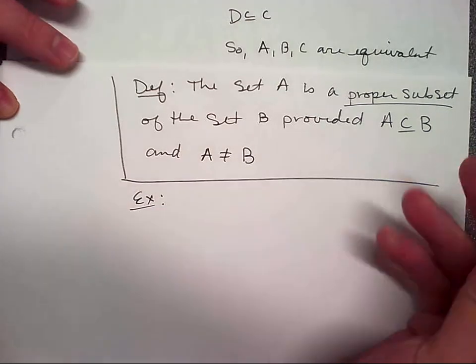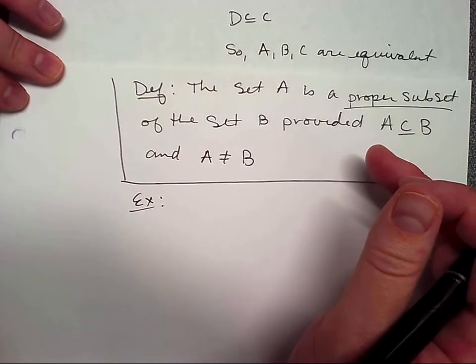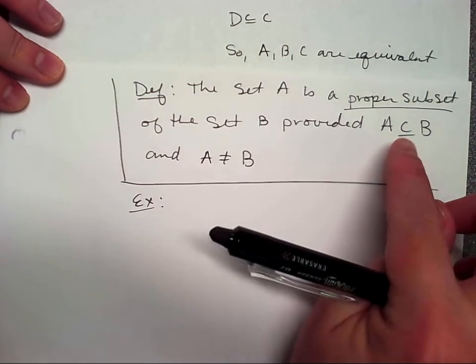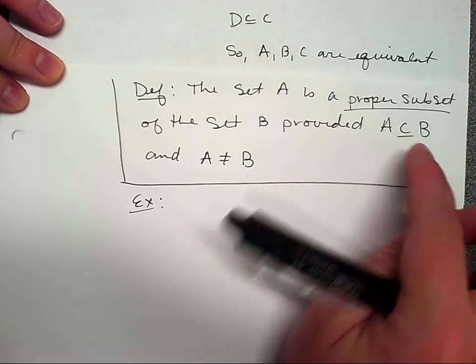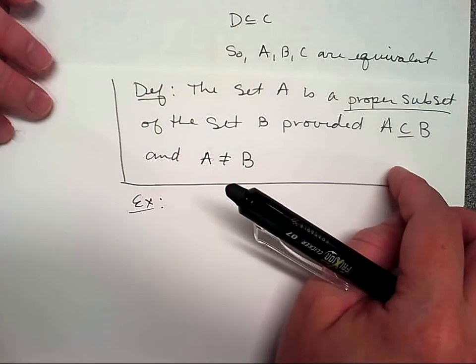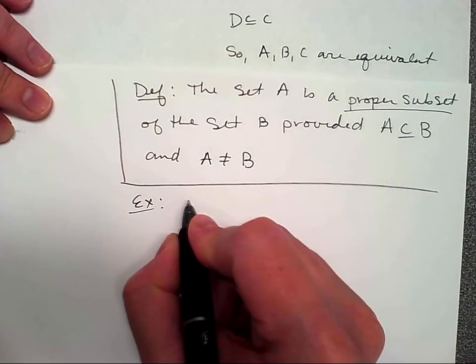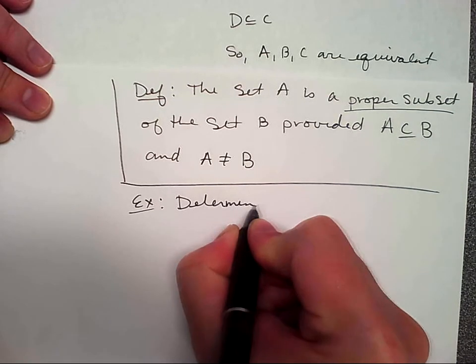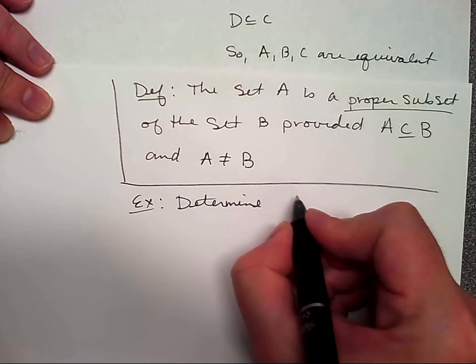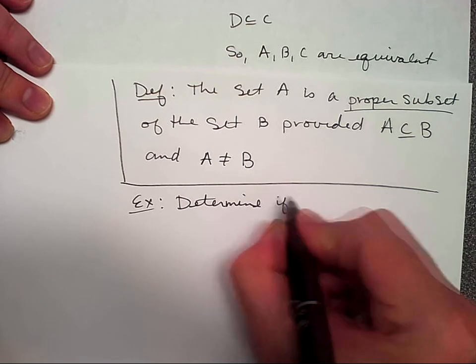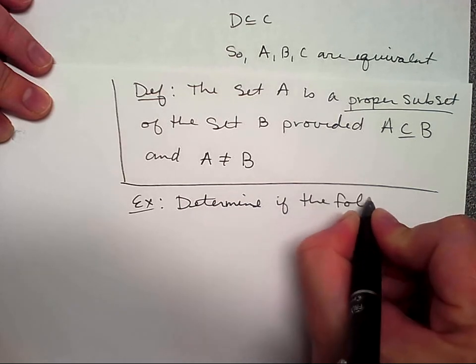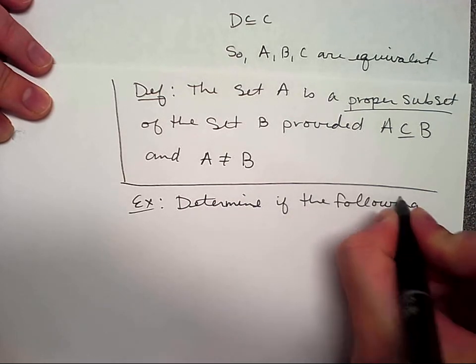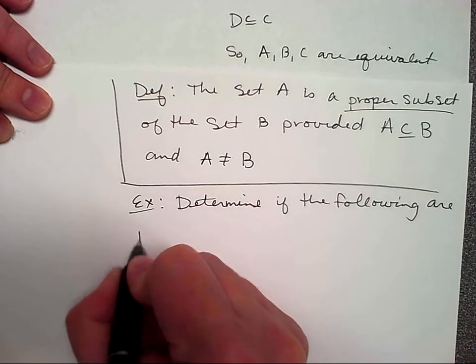Example. So if we want to figure out if two sets are proper subsets, we need to check these two things. Okay? So determine if the following are proper subsets.